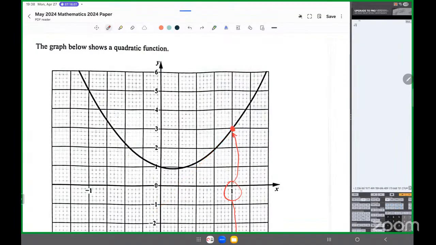Anybody did it? I'm trying to draw it. Maybe something like that. I want to draw it properly. I want it to look like a tangent. Cross it.